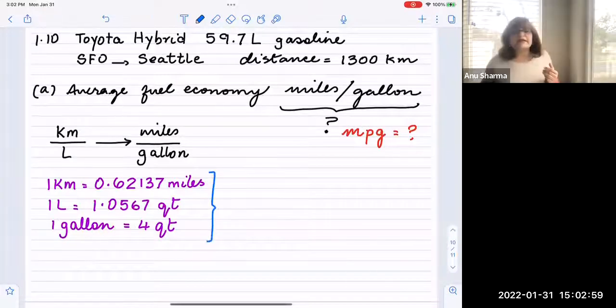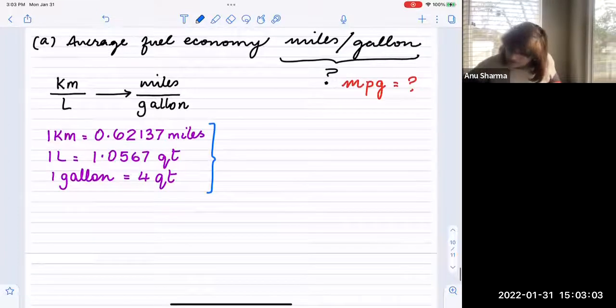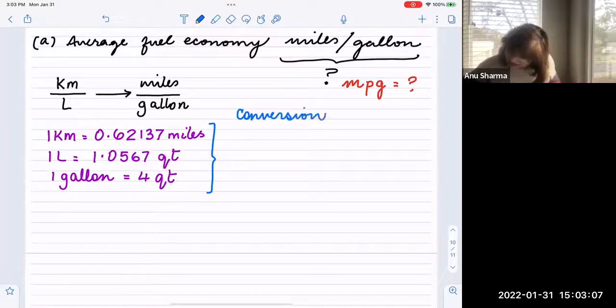And these equalities can be used in conversion factors. Okay, so let's look at the conversion factors because I just want to make sure that I'm getting this right also. So conversion factors.